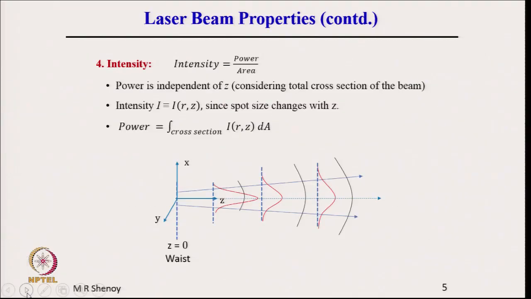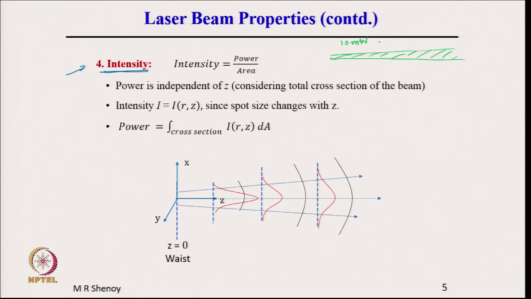Let us go further. The next important property is the intensity, the intensity at the focus spot or in the beam itself. Let us say there is a laser beam coming like this, of certain power, let us say a 10 milliwatt laser beam.